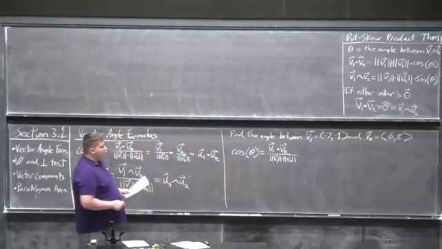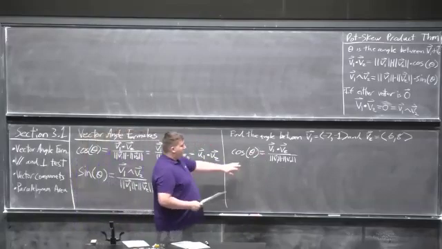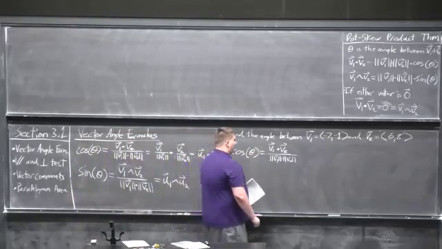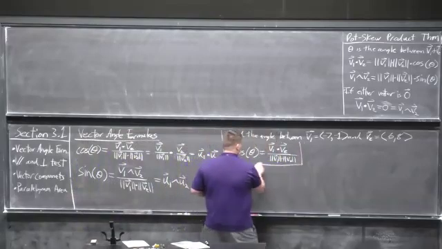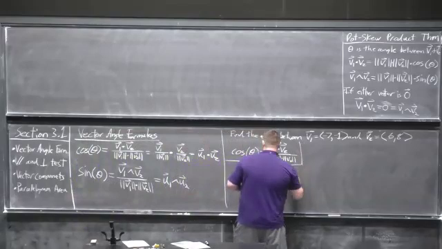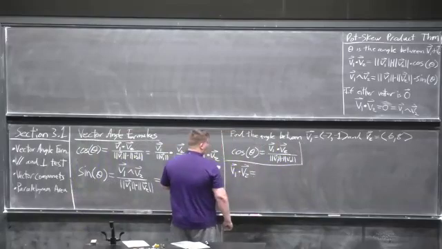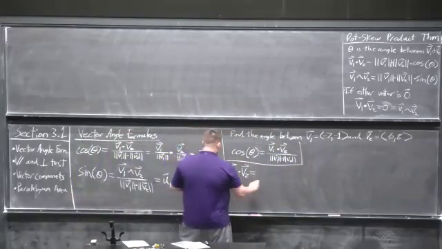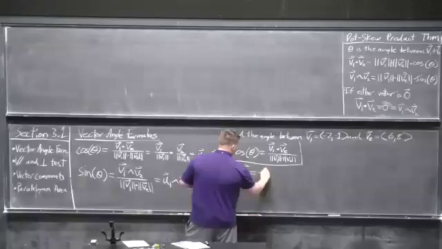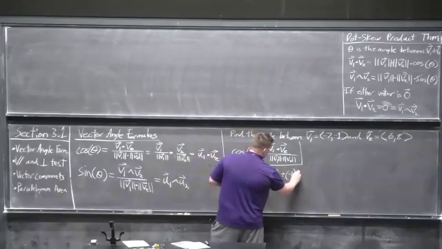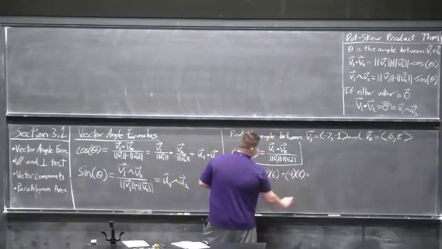So we have to first calculate all of this out. So let's first calculate out the dot product. So we have V1 dot V2, and that will be equal to -7 times 6 plus -1 times 8.